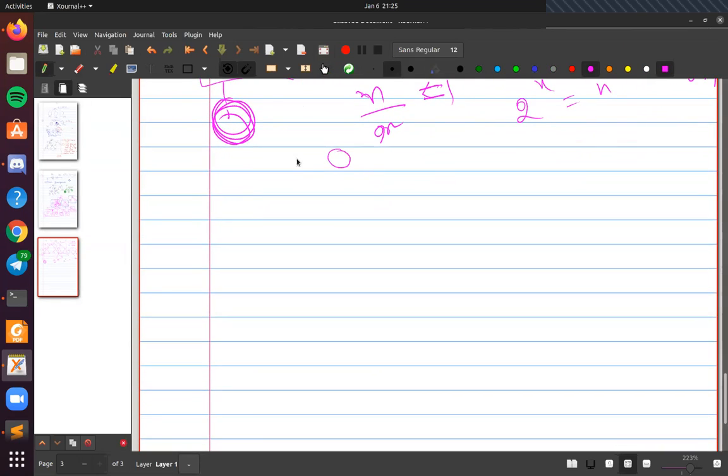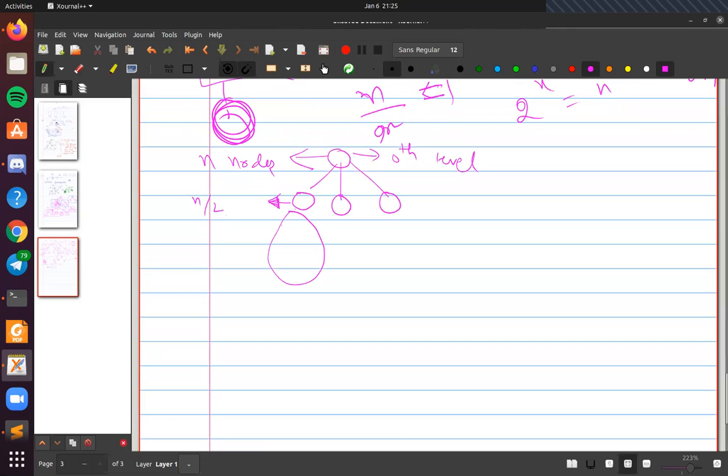So I will repeat this again. Initially you had n nodes for the whole tree. At the first level of the centroid tree, so this is the zeroth level, this is now the original tree. You will have at most n by 2 elements for each subtree, so less than n by 2.